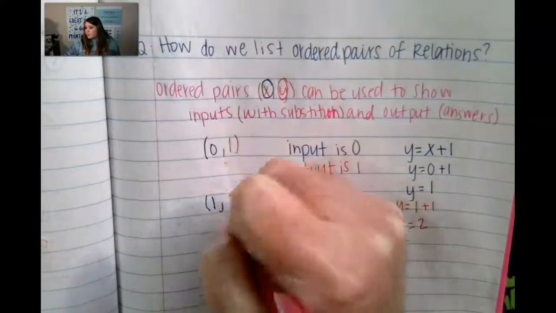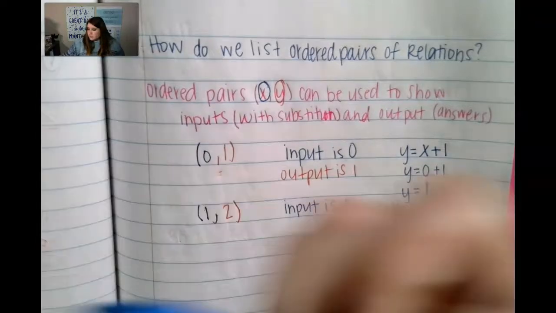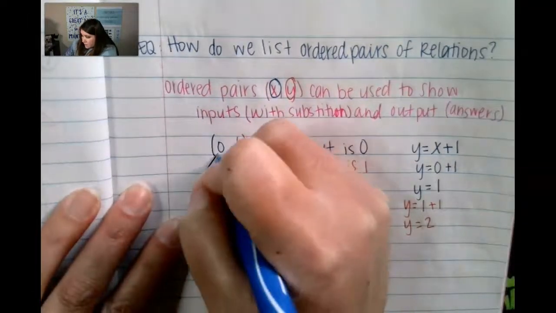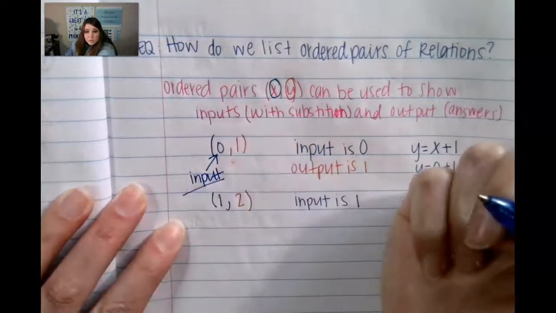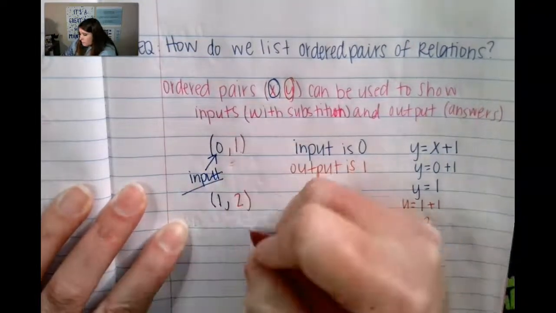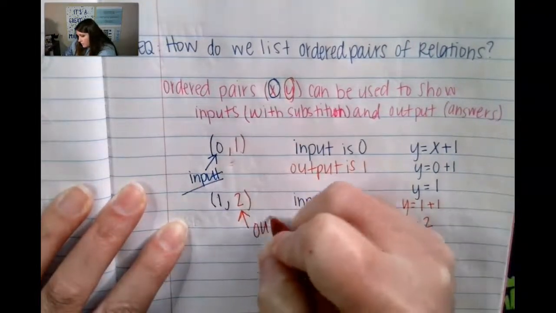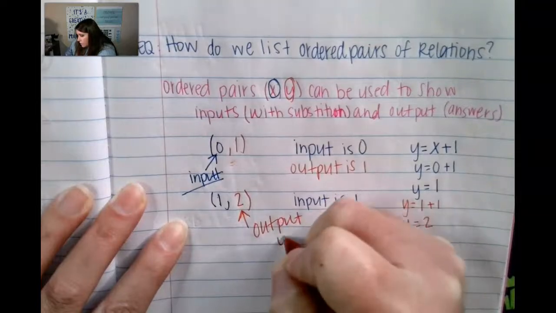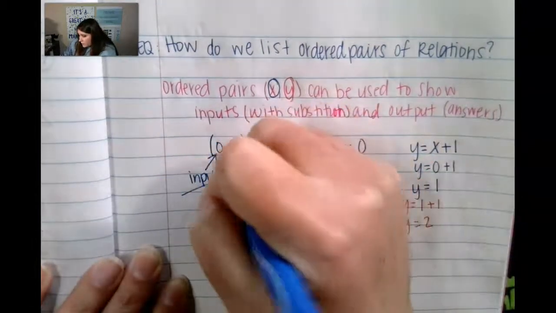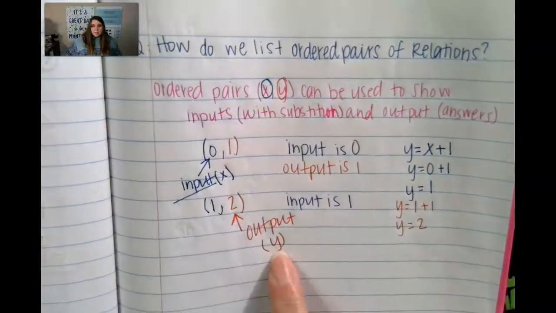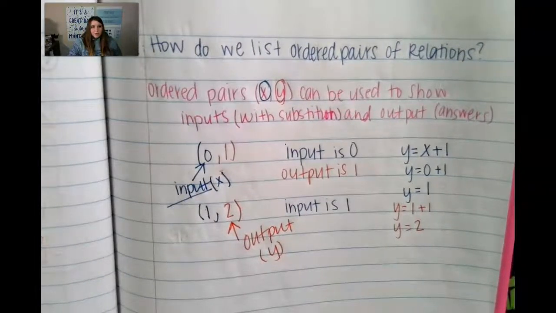My output is 2. So let's go ahead and label these. My input is what I use to substitute, and it gives me my output, or my y. So my input is my x value, my output is my y value.